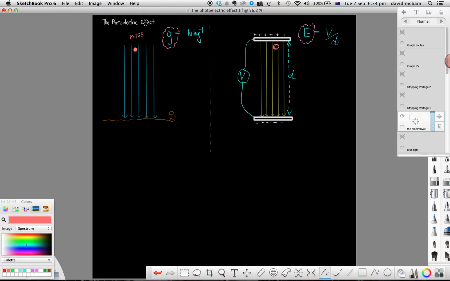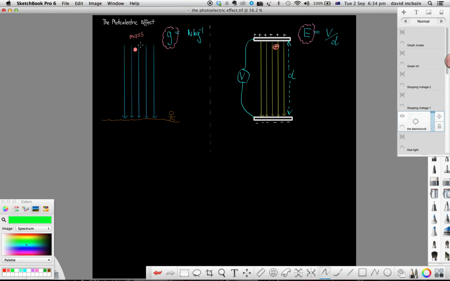So if we've got something in there with, let's make it a positive charge, the electric field will act on this charge in a similar way to a gravitational field acts on this mass. And in both cases, we're going to get a force.